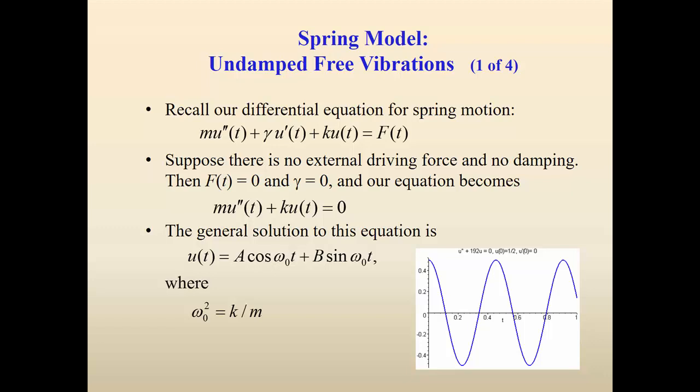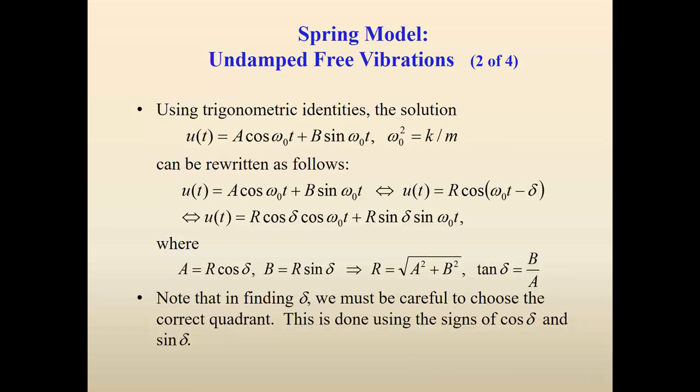where that frequency, omega naught squared equals k over m, that's the natural frequency of vibration. So some clever trig identities. I think this is the reduction formula, if you remember. So once we get our solution in terms of a cosine omega naught t plus b sine omega naught t, we can reduce it down to a single amplitude problem, r cosine of omega naught t minus delta.